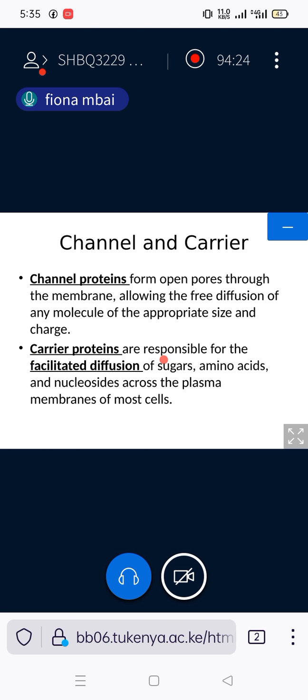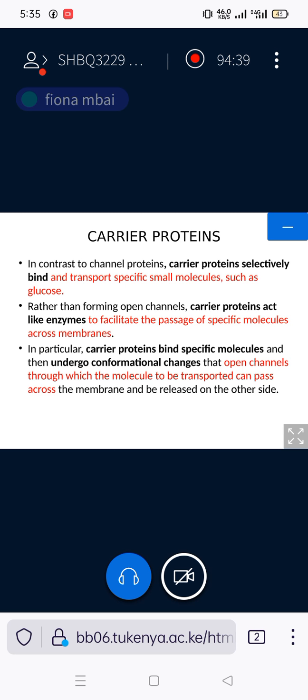On the other hand, carrier proteins are responsible for the facilitated diffusion of sugars, amino acids, nucleosides across the plasma membranes of most cells. You know what nucleosides are. So, in contrast to channel proteins, carrier proteins selectively transport specific small molecules such as glucose. Rather than forming open channels, carrier proteins act like enzymes because they have to bind at a specific place on the carrier proteins.